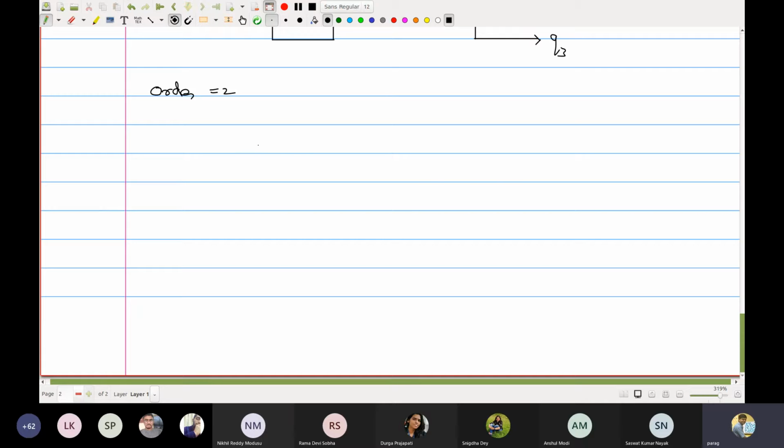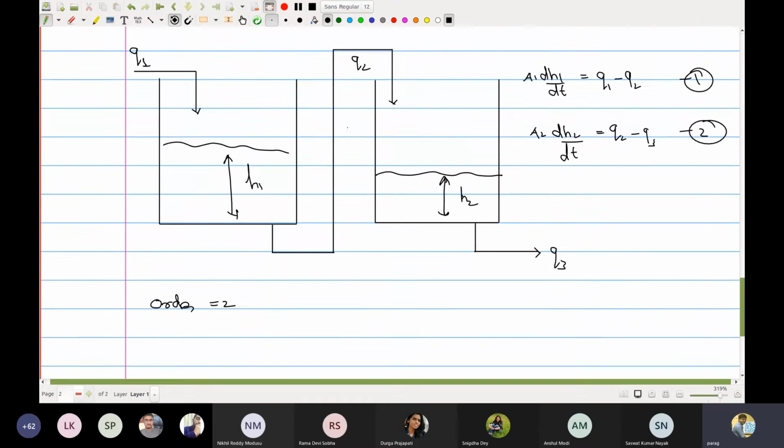Now what we need to do is find out what would be the overall input of the system and overall output of the system, right? Suppose you are using this setup in a plant. The only thing you should be bothered about is Q3, because this Q3 is going somewhere, say to a distillation column or an absorption column, and therefore your output variable is just Q3.